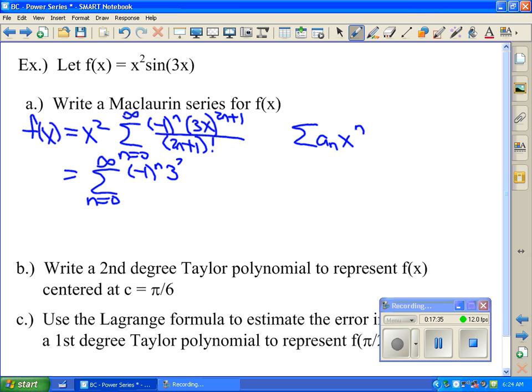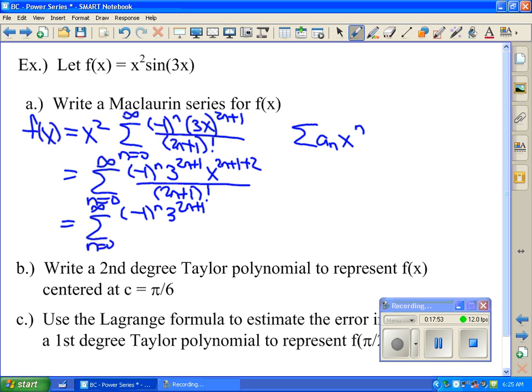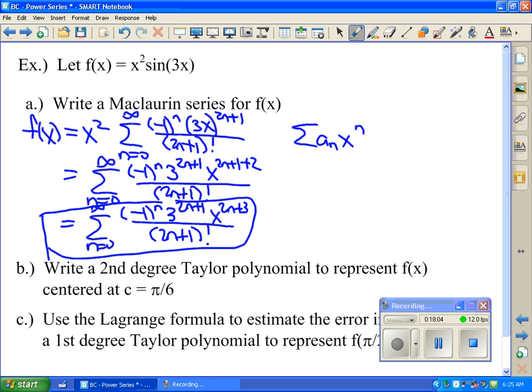I want to leave 3 to the 2n plus 1, but this time x is going to be to the 2n plus 1 plus an extra 2, all over (2n plus 1) factorial. So the summation for this: negative 1 to the n, 3 to the 2n plus 1, x to the 2n plus 3 all over (2n plus 1) factorial. And that was the first part.